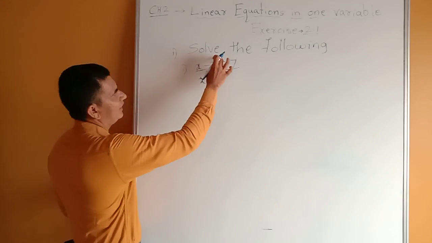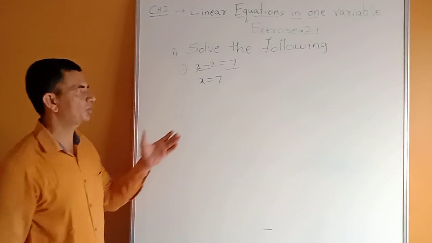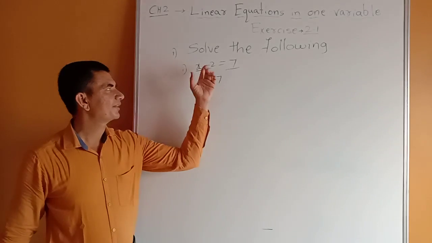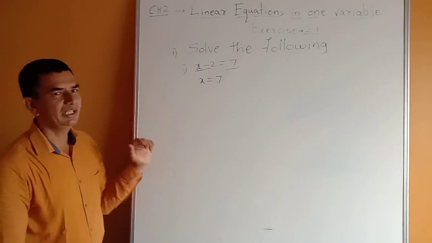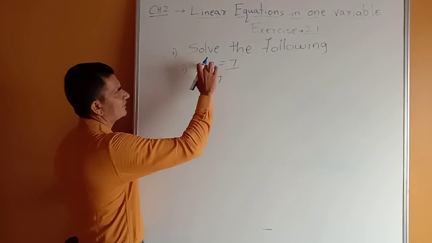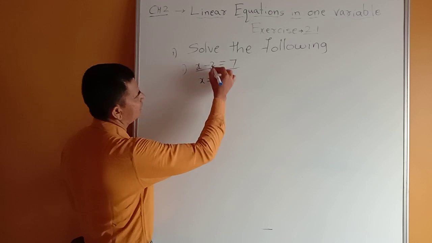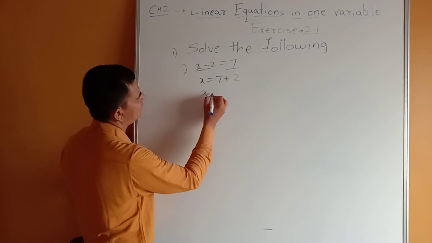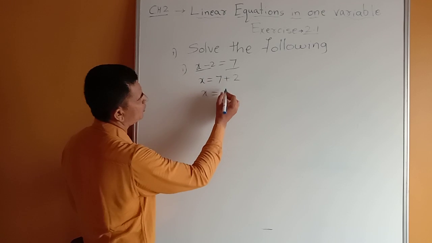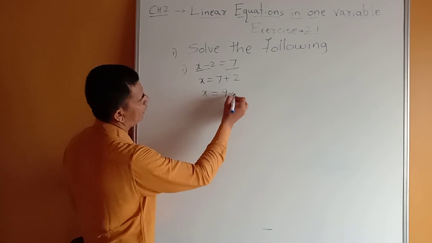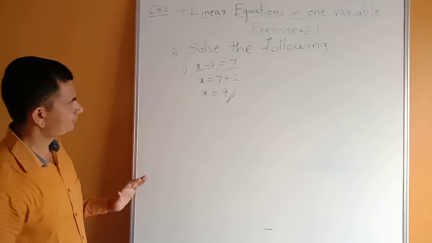Now if this minus 2 goes to the right hand side, the sign will change here. If it is minus, it becomes plus 2. Now x is equal to 7 plus 2, 9. Now the value of x is 9.